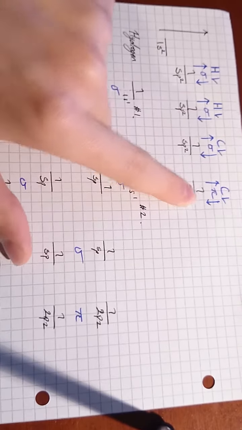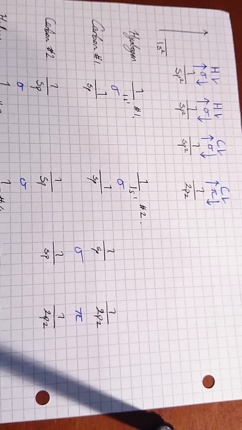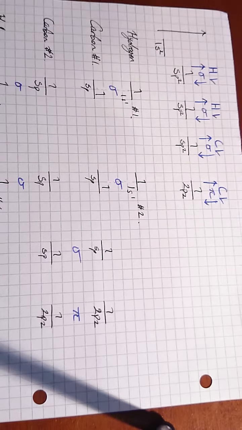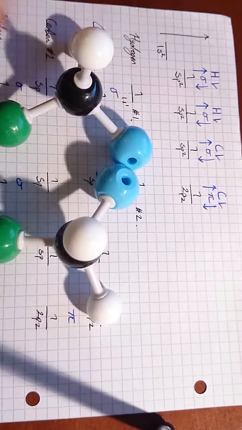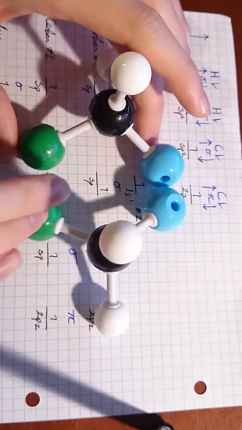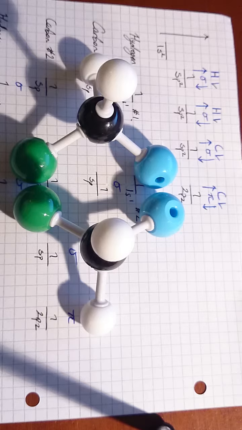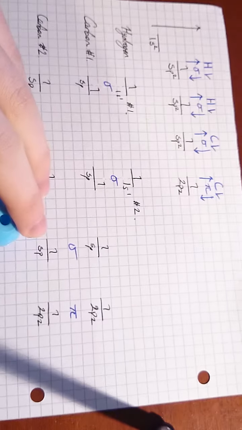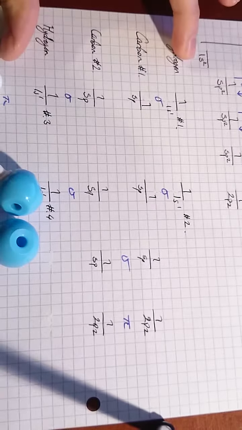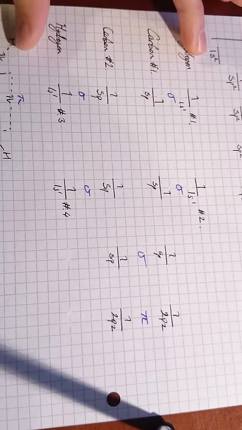Now this 2pz orbital combines with the other carbon to form the pi bond, as we just mentioned here. The blue one here is the unhybridized 2pz orbital, which combines with the other unhybridized 2pz orbital, which can also be illustrated on this lower diagram here.